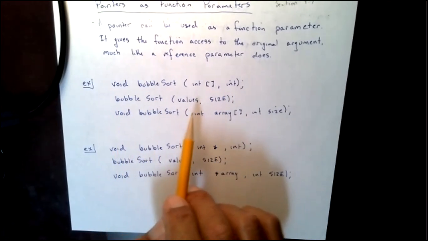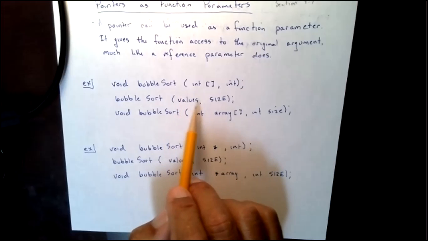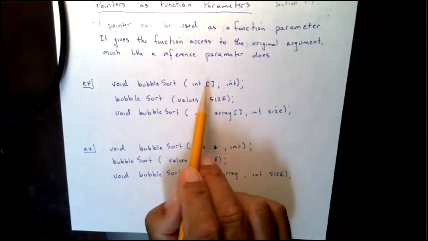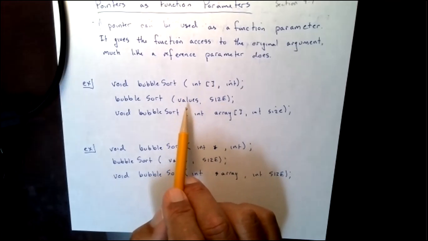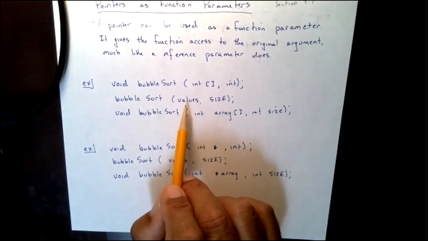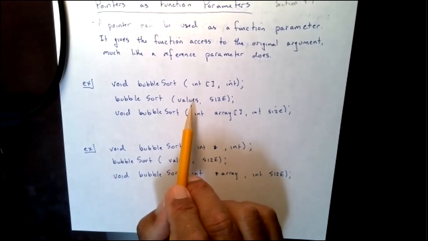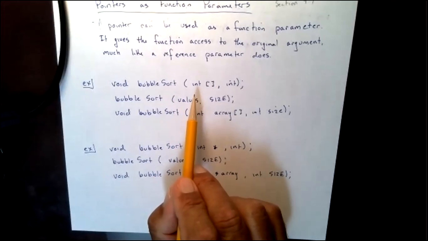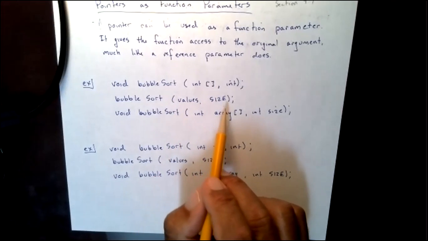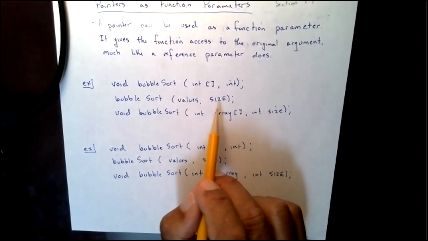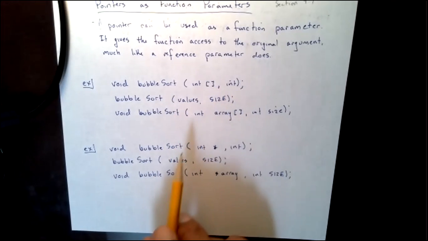Then when I called bubble sort, I had the array name, because it's an array I'm passing in, but this is just the address that's going, and everything's tied in there. It knows when I start moving that +1, which some of you don't like, it's moving 4 bytes at a time, not 1 byte. So it's moving by 4. And I'm also sending in the size, so I know what size that array may have been.